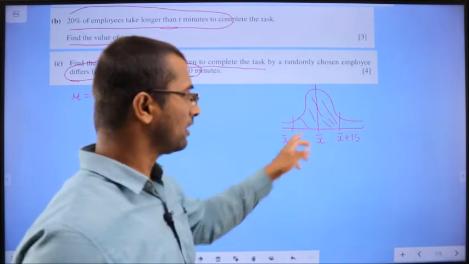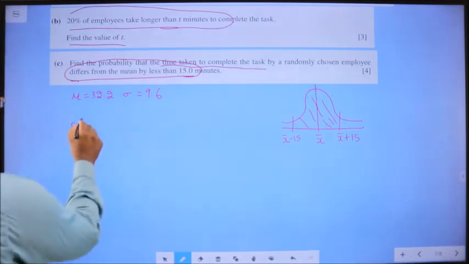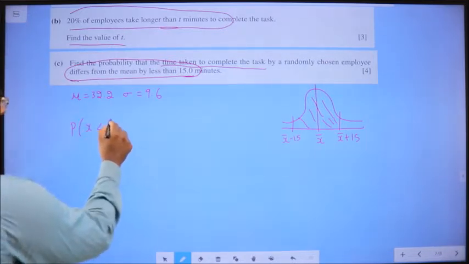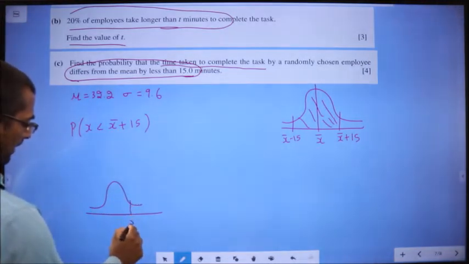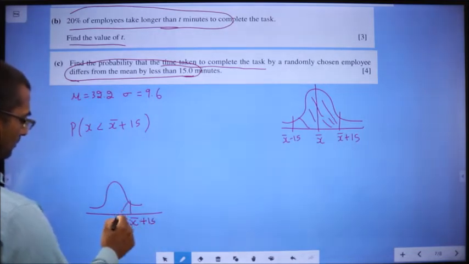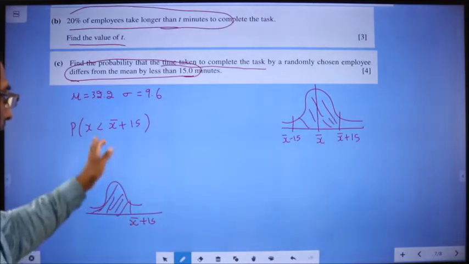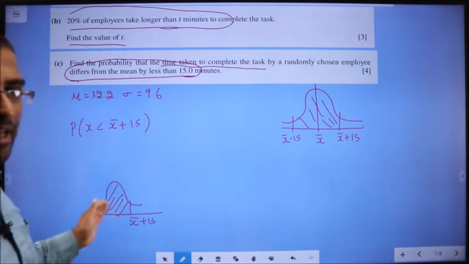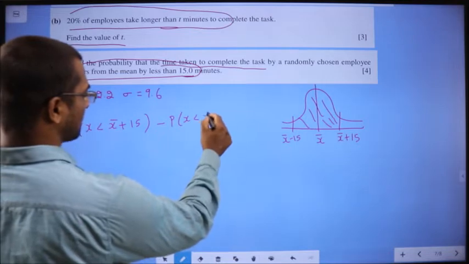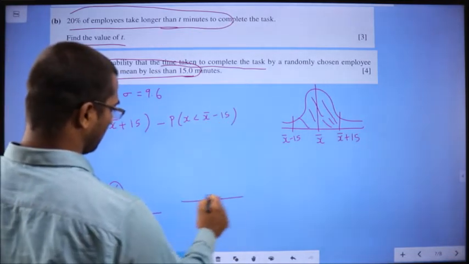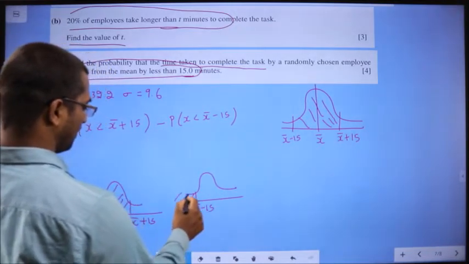Now how do I calculate this in-between area? This is a method. P of X less than x bar plus 15 means this entire area you will get, minus P of X less than x bar minus 15, which means this area you will get.